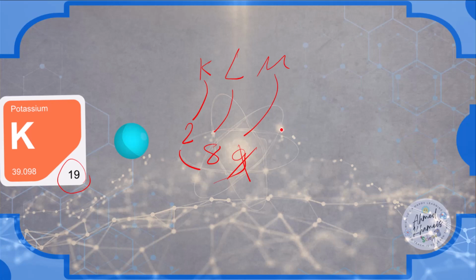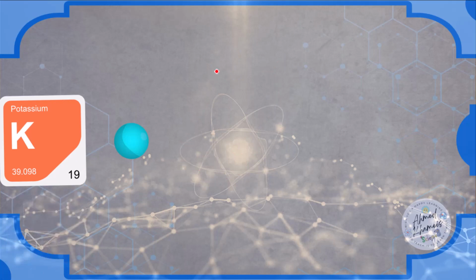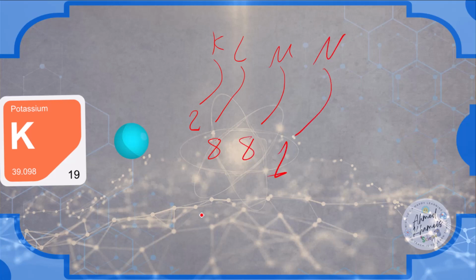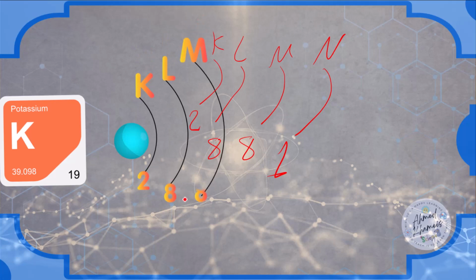So K will be 2, L 8, M 8, N 1 electron. Okay, 2, 8, 8, 1.